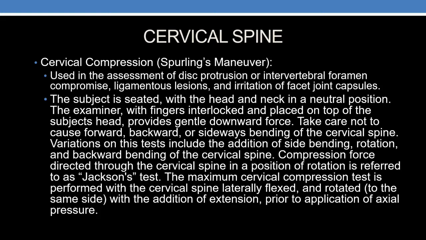So a good progression to consider when performing the cervical compression maneuver is to first begin in the neutral position and then to progress to a laterally flexed position, then to progress to a rotated position, then to progress to a lateral flexion with rotation position, then to progress to a lateral flexion with rotation with extension position, this being known as the maximum cervical compression maneuver.